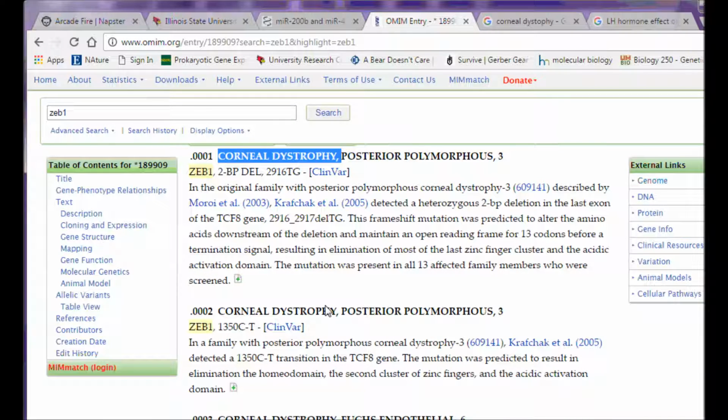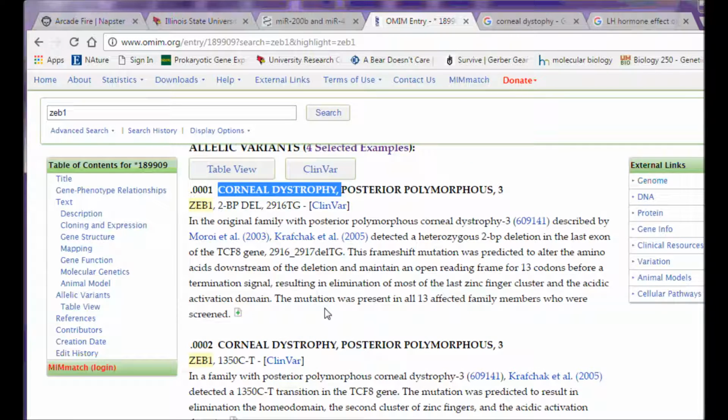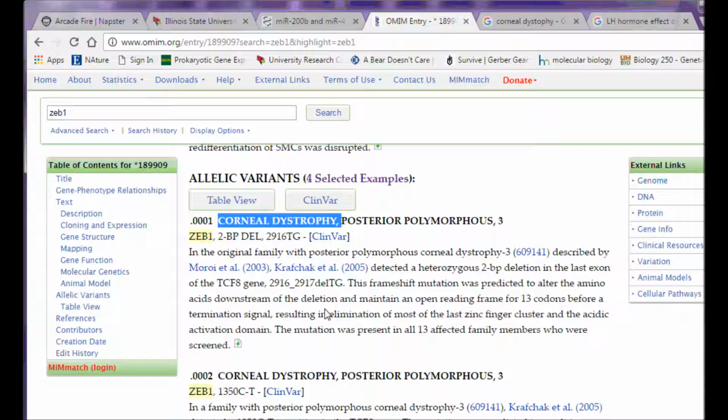So am I surprised that mutation in these would lead to these diseases from the study that we just talked about? I would say, well, yeah, I guess I'm kind of surprised, right? Because this study was mostly about the effects of ZEB1 on suppressing luteinizing hormone.